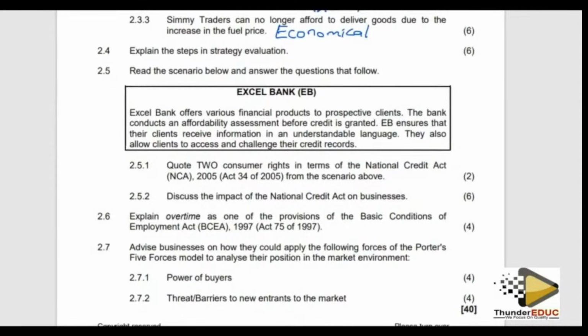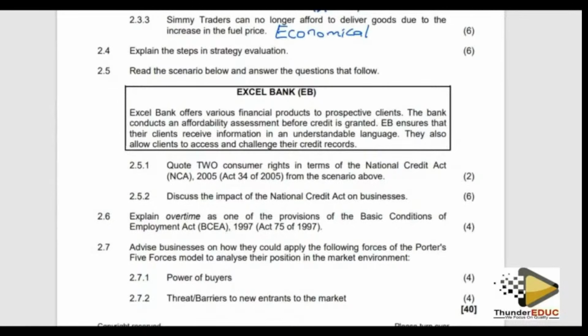2.5.1. Quote consumer rights in terms of the National Credit Act 44 of 2005 from the scenario above. So here I'm going to first talk of the word quote. Then from there, I'll come to National Credit Act.